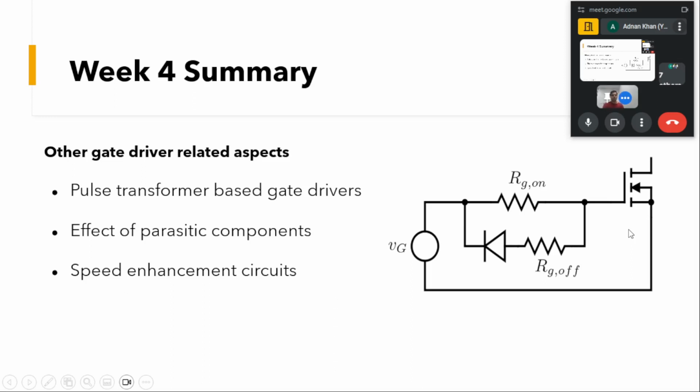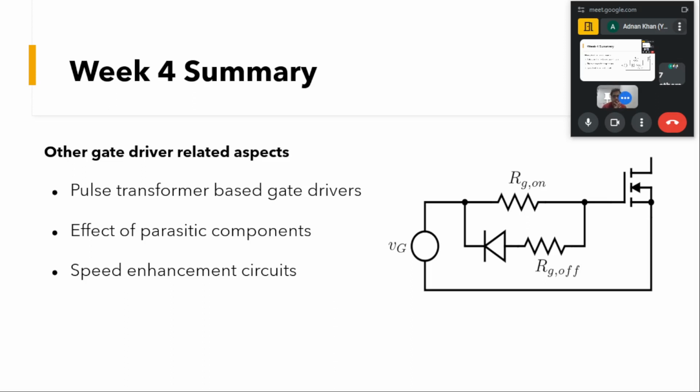So what we need is, during the turn on, as we had seen, when we have one leg and one device is turned off, we have a reverse recovery in one of the devices, and that gets translated to the other device of that leg.